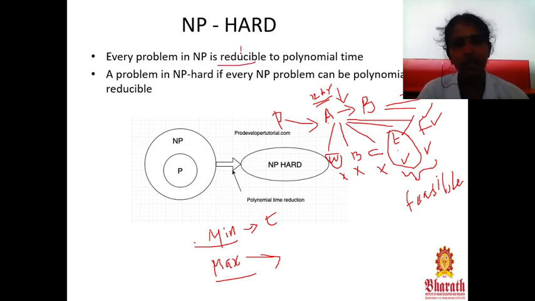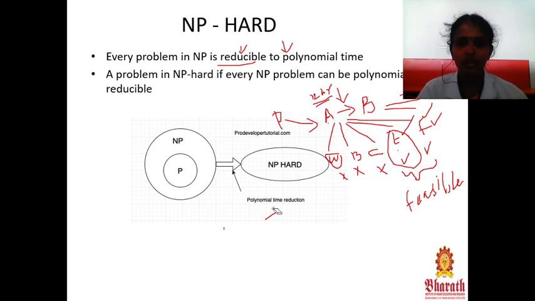After reducing the problem, it should be solvable in polynomial time. After reducing the problem, I am solving it and getting the solution for the entire problem. So in NP hard we have to get only the optimal solution. That is the difference. The best example for NP hard is the shortest path. So what is the shortest path problem?